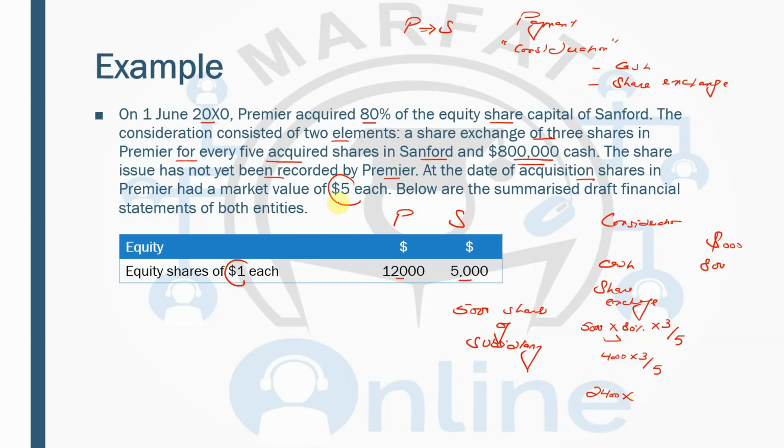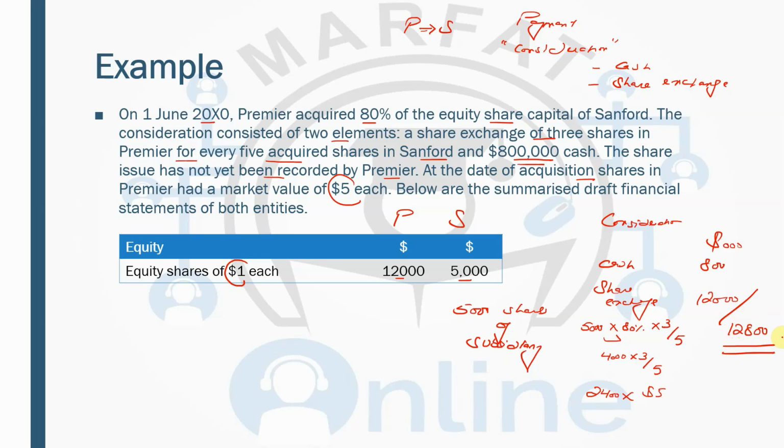We take the share price of the parent, which is given, $5. So 2,400 multiplied by $5 gives you 12,000. So what we have paid in total to them was 12,800: 800 in the form of cash and 12,000 in the form of shares.